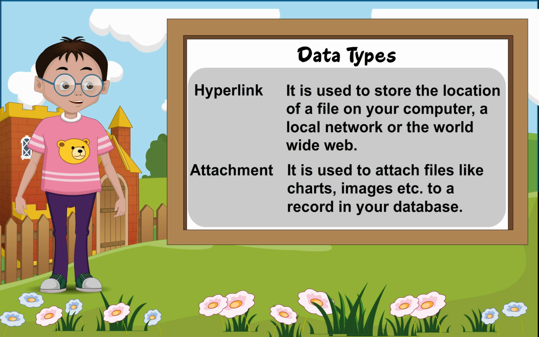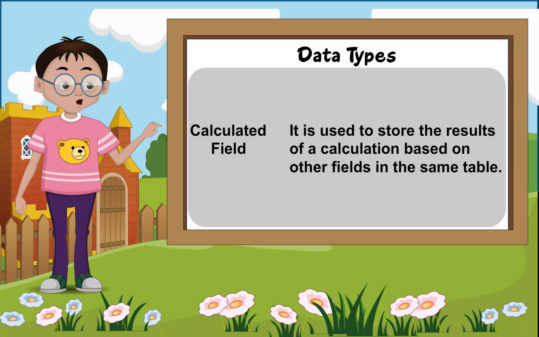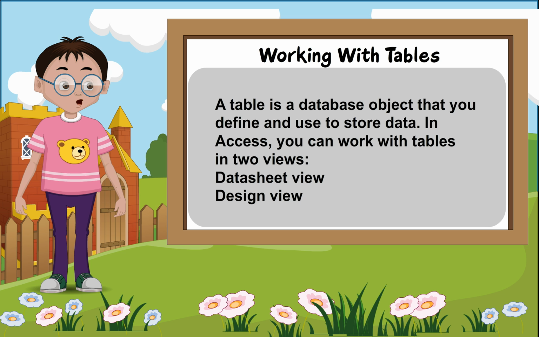Hyperlink. It is used to store the location of a file on your computer, a local network, or the World Wide Web. Attachment. It is used to attach files like charts, images, etc. to a record in a new database. Calculated fields. It is used to store the results of a calculation based on other fields in the same table.